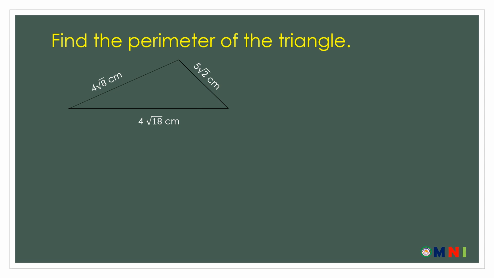We have the 3 sides. We have 4 square root of 8 plus 4 square root of 18 and 5 square root of 2 centimeters. Now, you cannot just immediately combine them, of course, because they have different radicals.